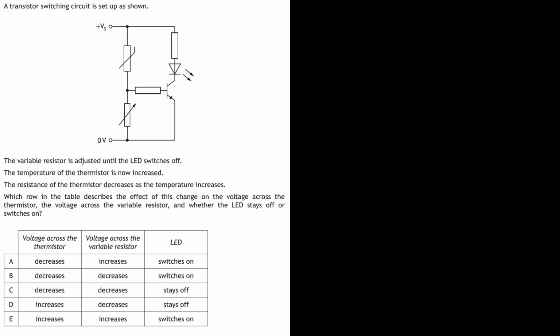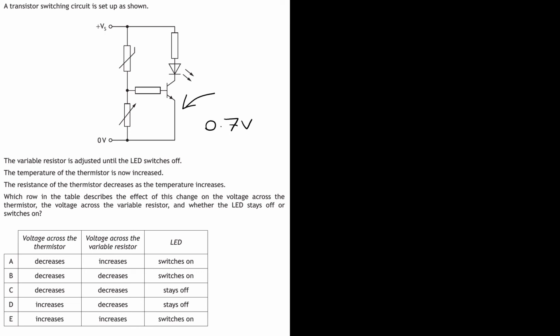So in this circuit, we have a component called a transistor, which you may have come across before. The transistor is an electronic switch. So that electronic switch will only turn on when it reaches a certain voltage. For a transistor, it's actually 0.7 volts.